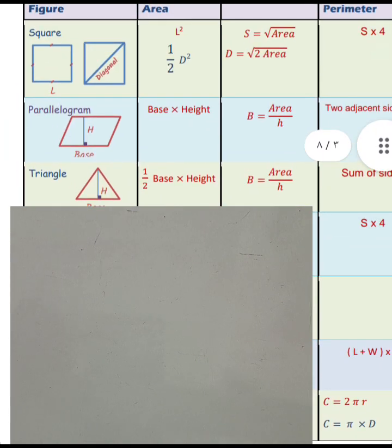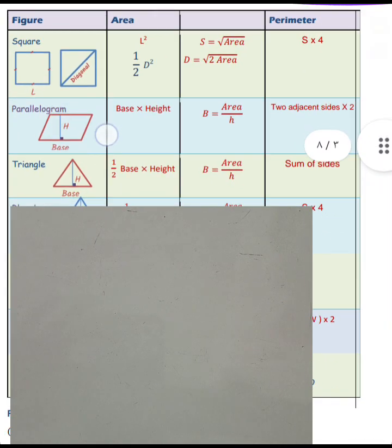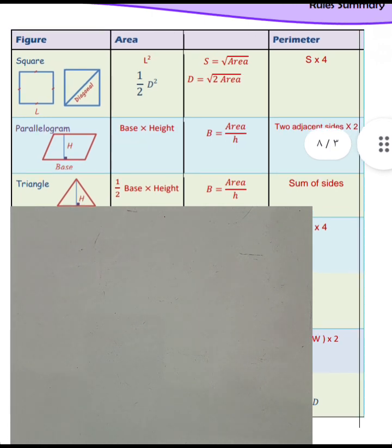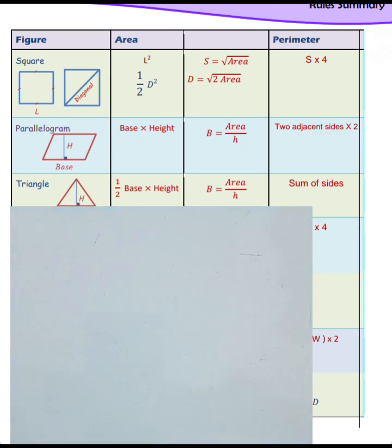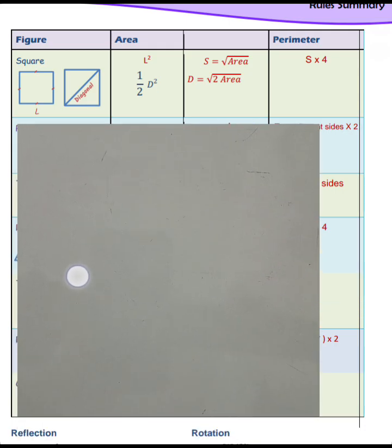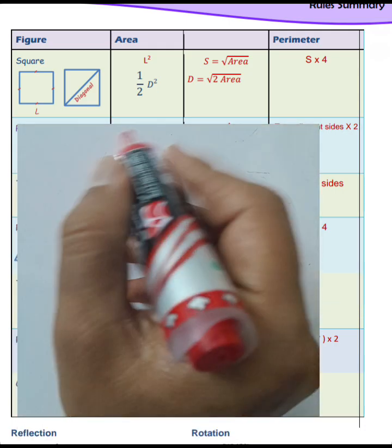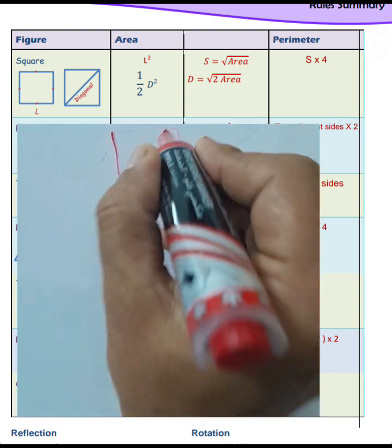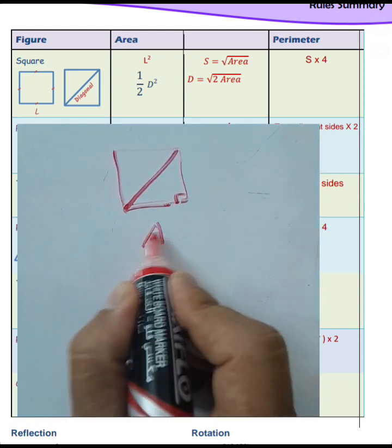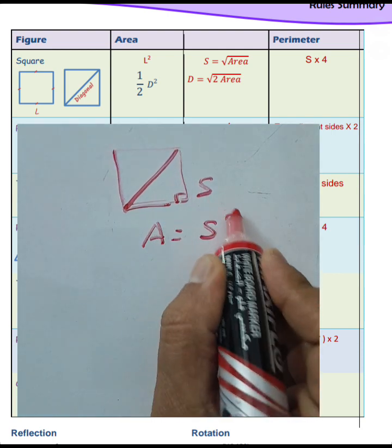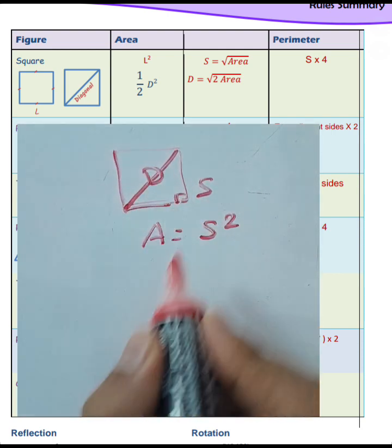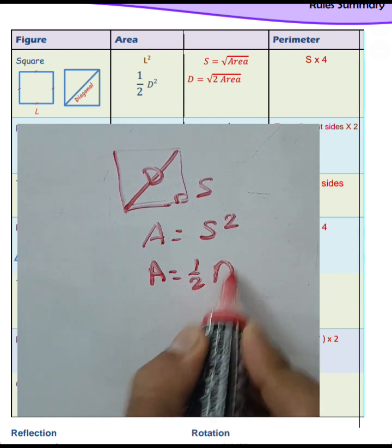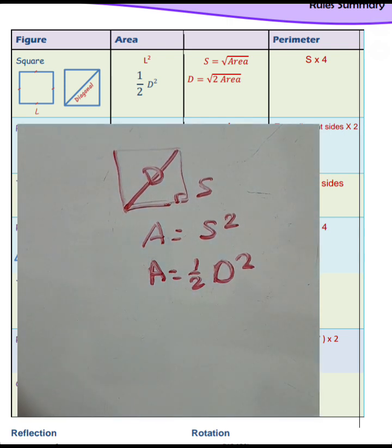Next rule, talk about the figure square. The area of a square equals side times side, or half the diagonal squared. We have the area equal to side times side, the side squared, or we can write half the diagonal squared.